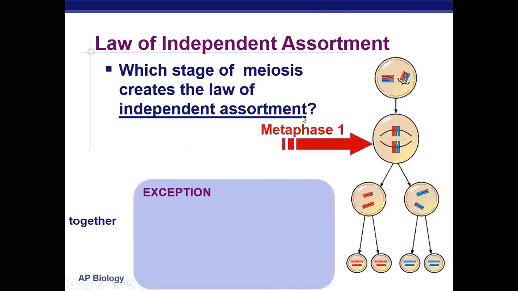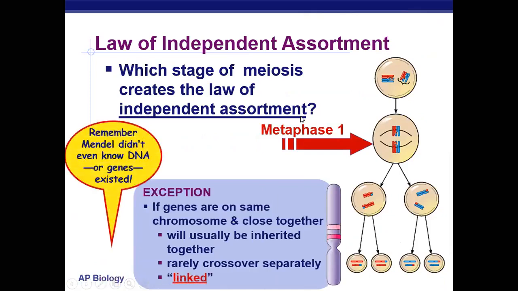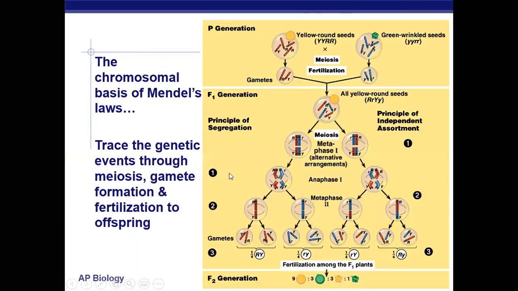And metaphase 1 does independent assortment. The exception is that the genes are really, really close together. They are usually inherited together. They are linked genes.